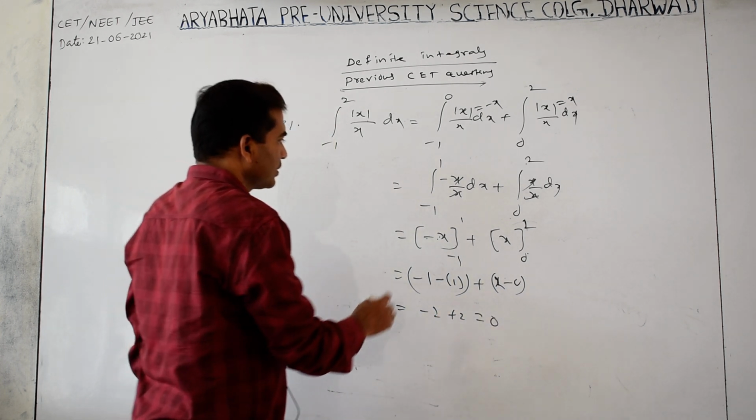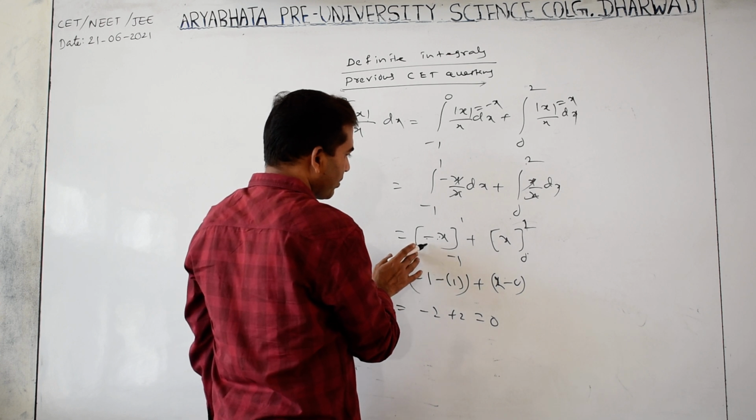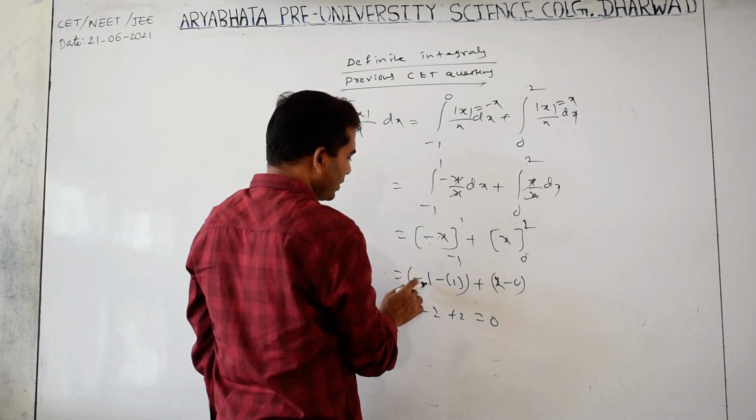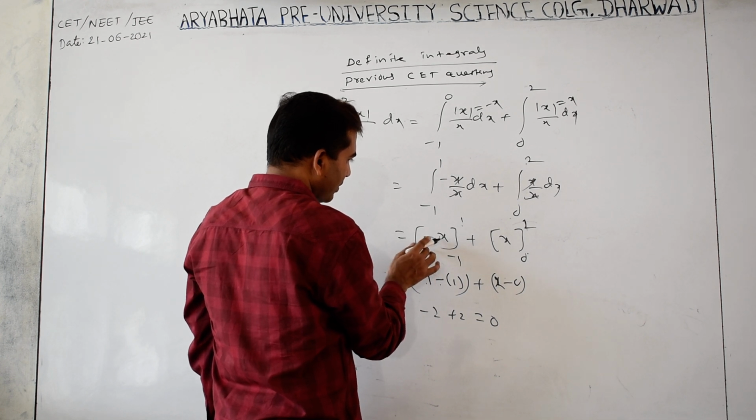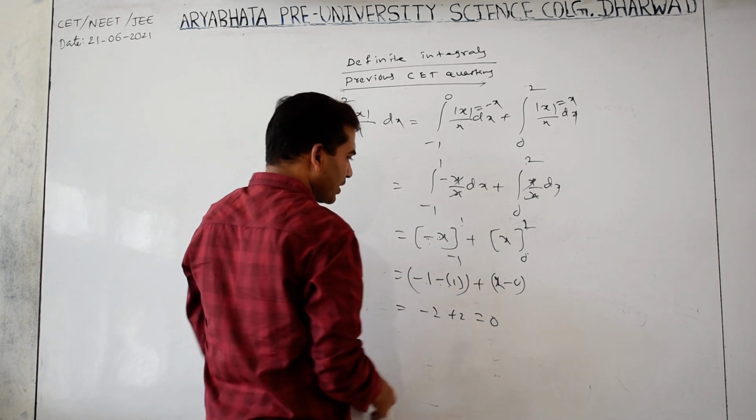Correct? Check once: minus x, upper limit 0 gives 0, lower limit minus 1 gives minus 1 minus plus 1, minus 2 plus 2, the answer is 0.